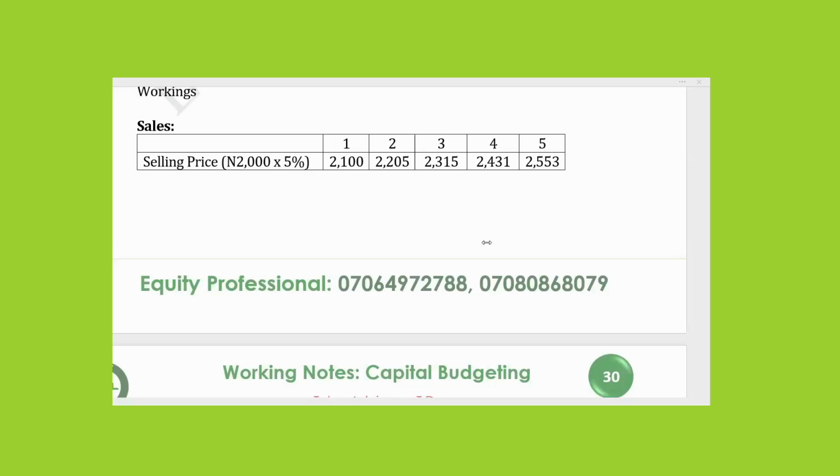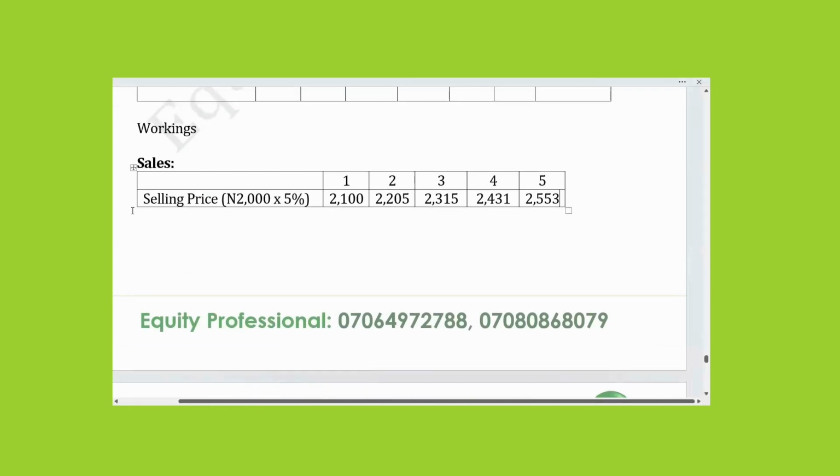That's 2,100. Then multiply by 1.05. That's 2,205. That's correct. Then multiply by 1.05. That's 2,315. That's correct. What I have in my calculator, multiply by 1.05. That's 2,431. Then the final one, multiply by 1.05. That's 2,553. You are correct. That's it. So this represents my inflated selling price.